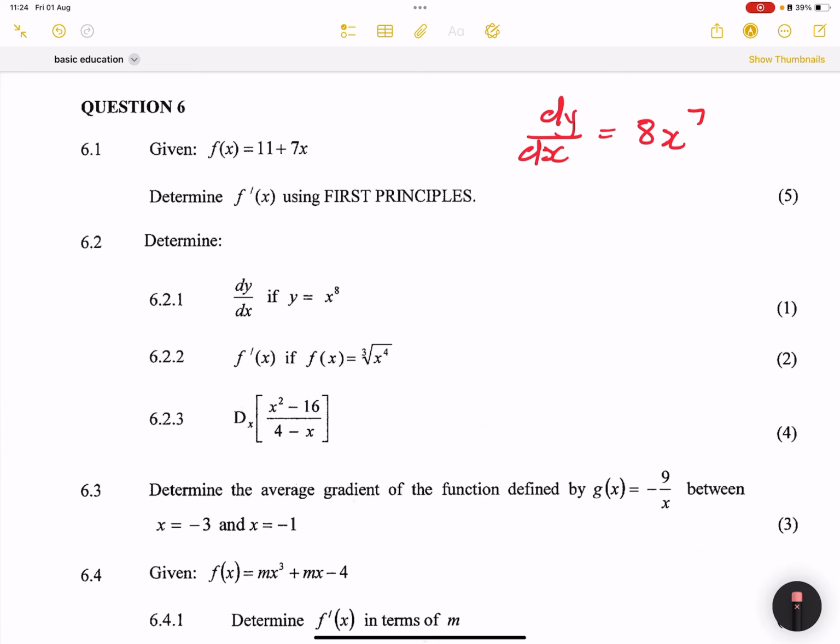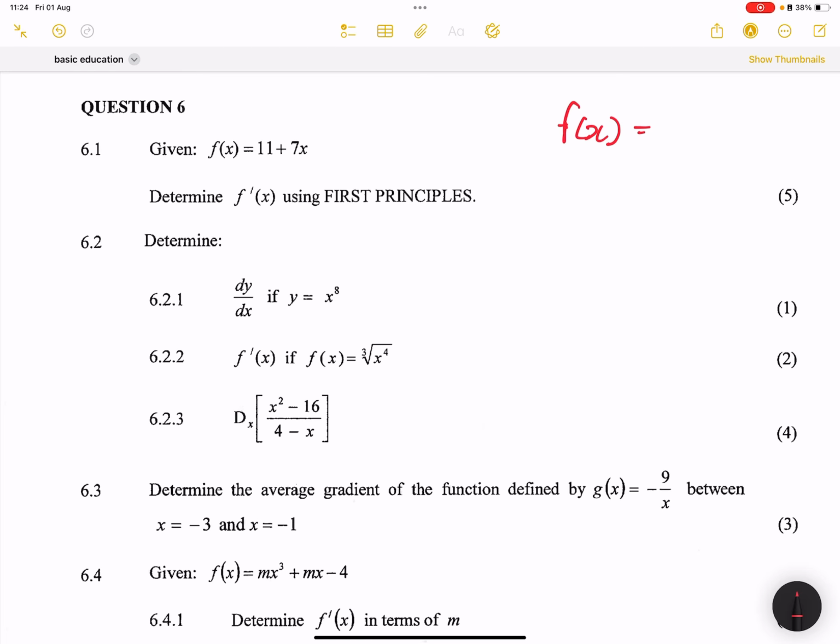Then in 6.2.2, they said find, in this case, f prime. So f prime is equal to. Firstly, before we find f prime, let's start by writing this as an exponent.